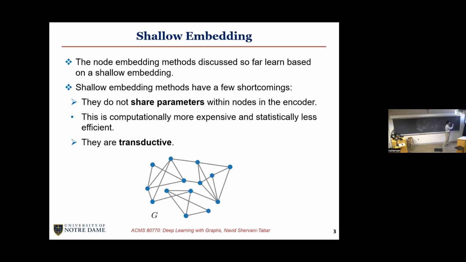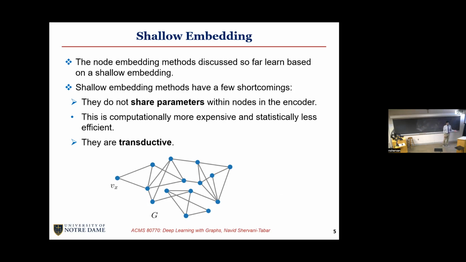Another problem is that these methods are transductive. What that means is that they can only work on whatever they saw during the training. So let's say that I have a graph and I train some shallow embedding methods on this graph, and that results in some embeddings of the nodes of this graph. Now, let's say that I add a new node to this graph.